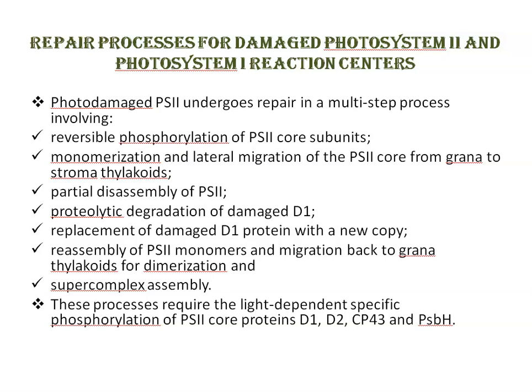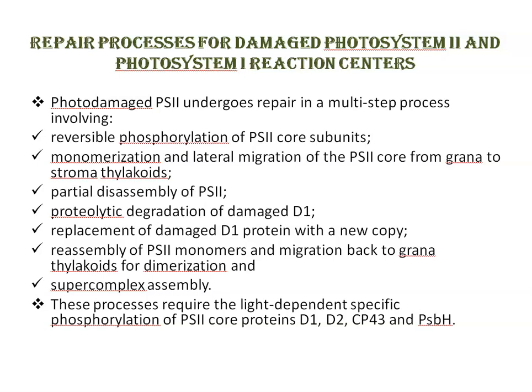The second mechanism is repair processes for damaged photosystem 2 and photosystem 1 reaction centers. Photo-damaged photosystem 2 undergoes repair in a multi-step process involving, first, reversible phosphorylation of photosystem 2 core subunits.